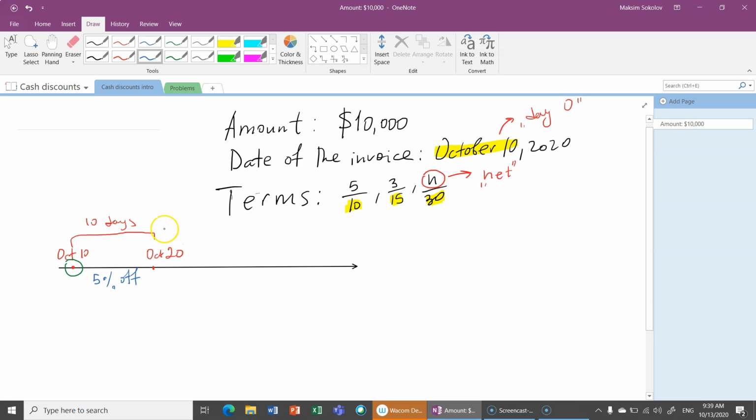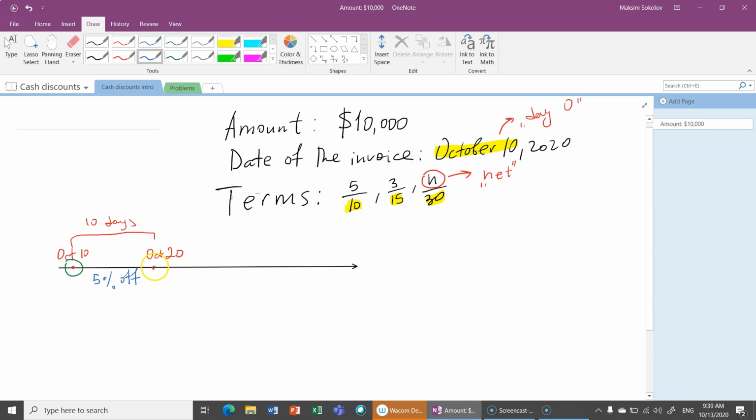And of course, as we already learned, there is such a thing as the time value of money. Customers could invest money for some time, so it doesn't make sense for customers to pay earlier than the latest day they can pay.